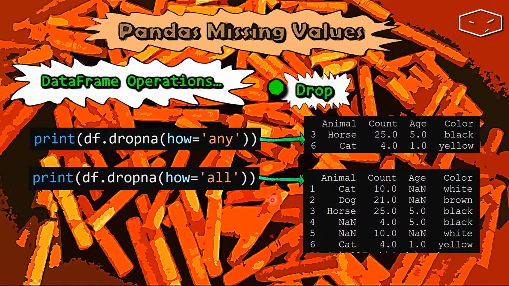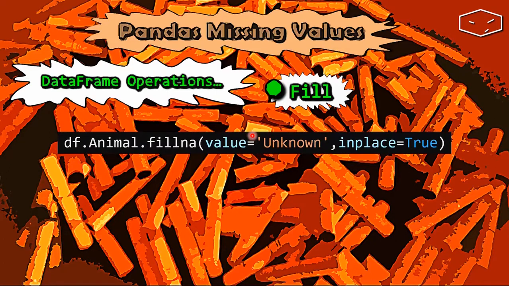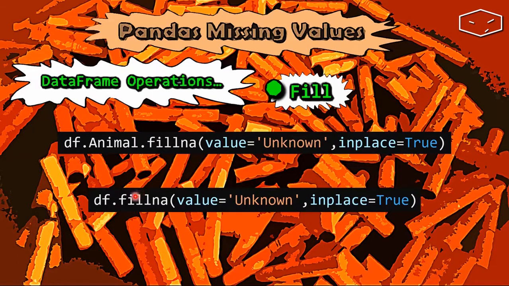And we can do this with subsets of columns. In this case, we are using just the animal and the age column. About the last operation, we can access a column and use the fillna, okay? Then pass the parameter value where we say which value we want to be in place of not a number, okay? Also, we can do the same for all the columns, okay?